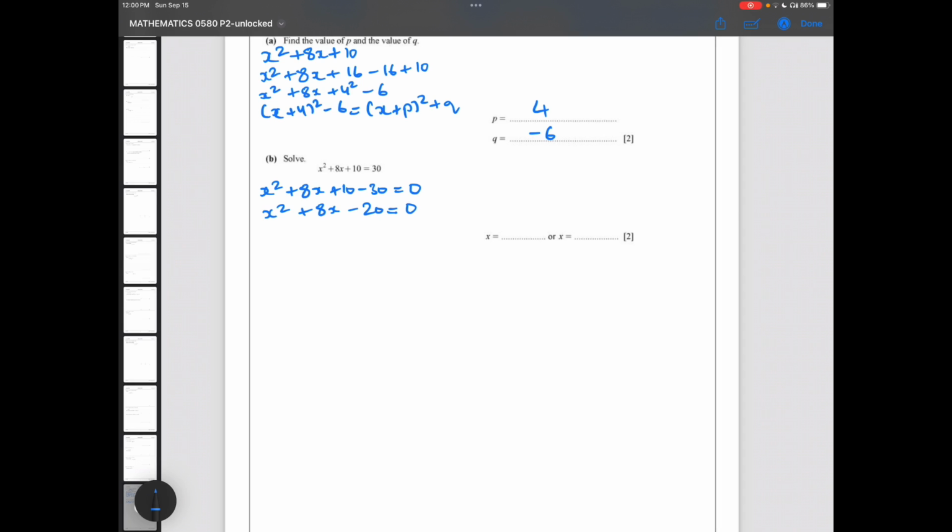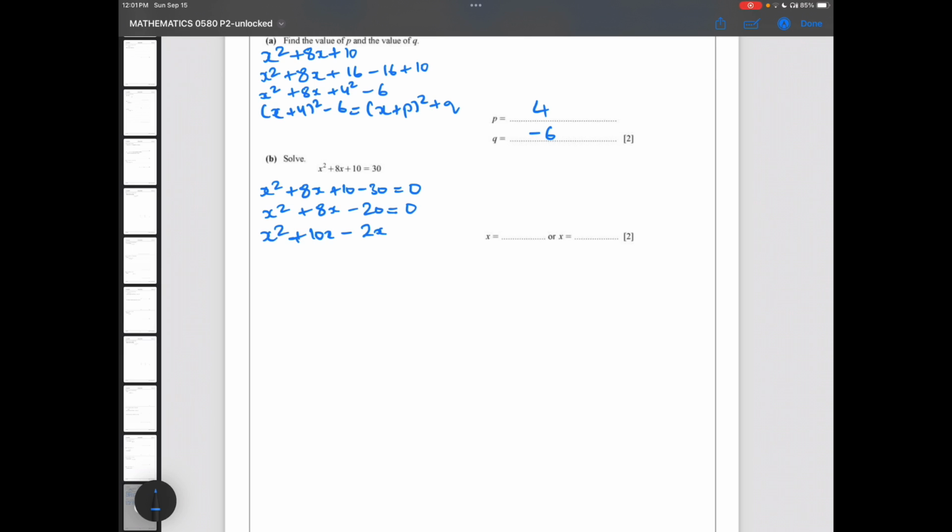Now we have to factorize it using middle term breaking. The middle term is 8x. We can break it into 10x minus 2x because 10 into 2 is 20. We need to break it into two terms such that when we multiply these two numbers, we get 20.